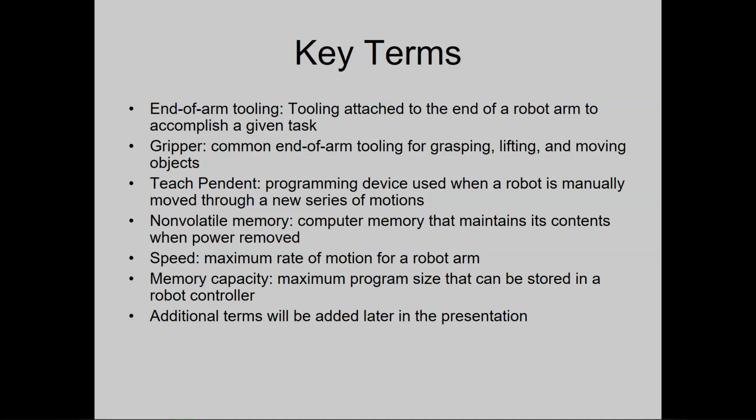You also have things like welding and painting that are just as common, if not more common, than the basic gripper. So a lot of people try to call the end of arm tool the gripper, but that's not true. The gripper is a type of end of arm tool. It is not the end of arm tool. Does that make sense?